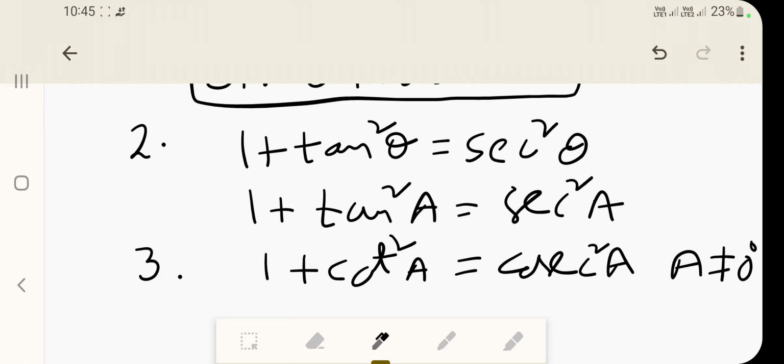Similarly, when we come to 1 plus tan square A equal to secant square A, here A should not be equal to 90 degrees. Why should it not be equal to 90 degrees?